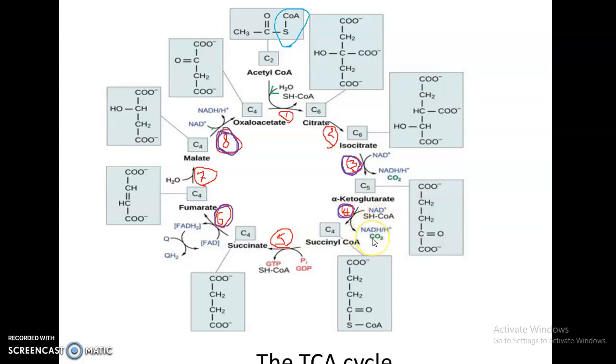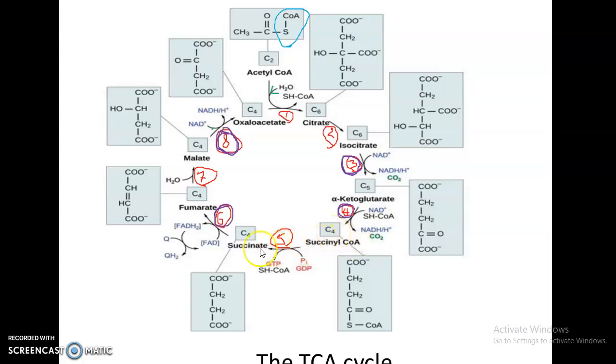Then here is decarboxylation again, the second removal of carbon through a carbon dioxide molecule. Then from 5 carbon, the next compound will be how many carbon? A 4 carbon compound. Therefore, succinyl-CoA is a 4 carbon compound.